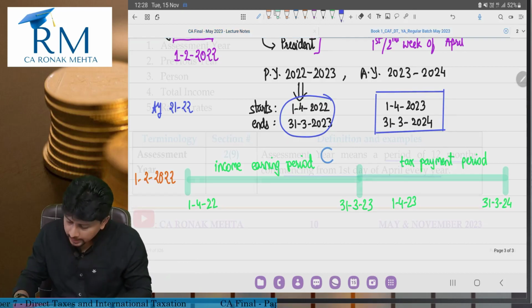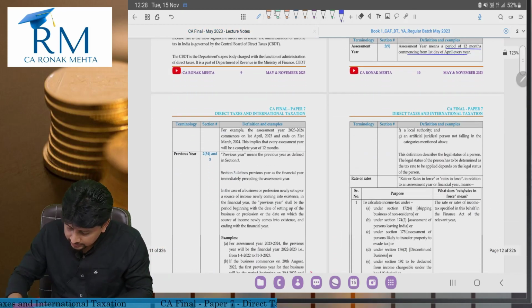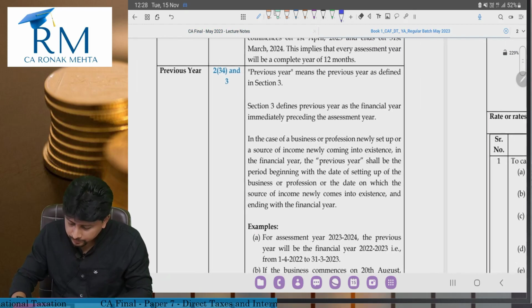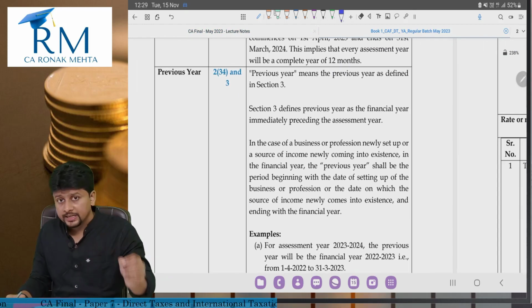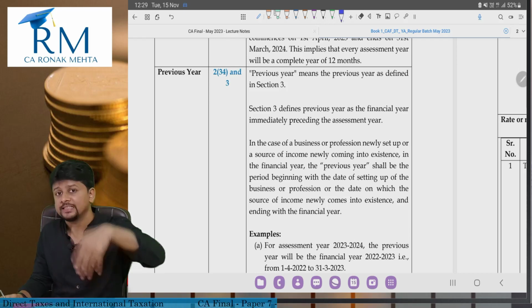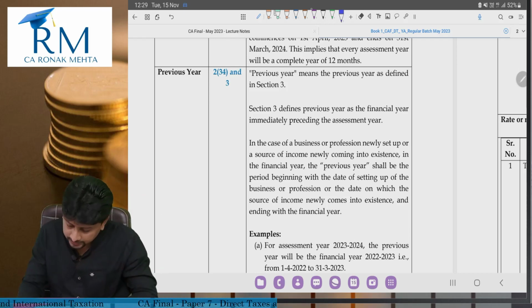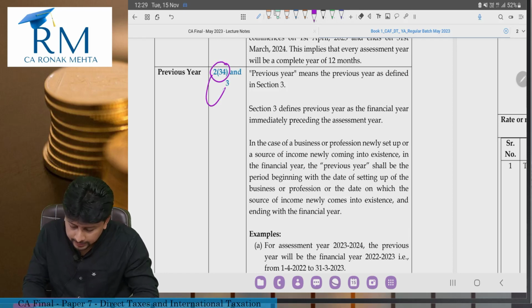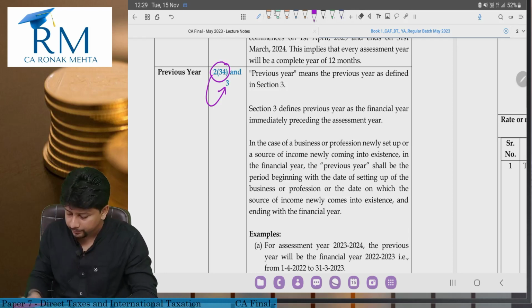So, we need to study the second definition also, previous year. Section 2 clause number 34 defines previous year, which says previous year as defined in section number 3. Now, God knows why they have done this, but in 2(34) they are telling the reader, go and read section 3. And what is section 3?